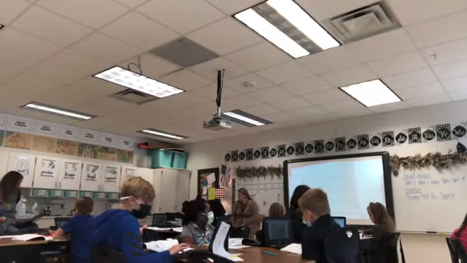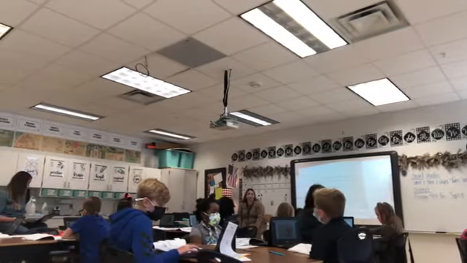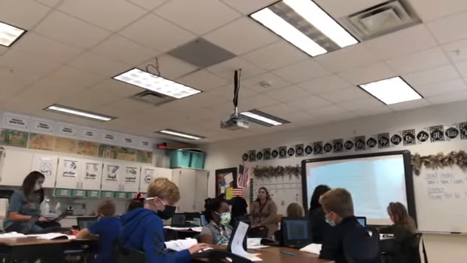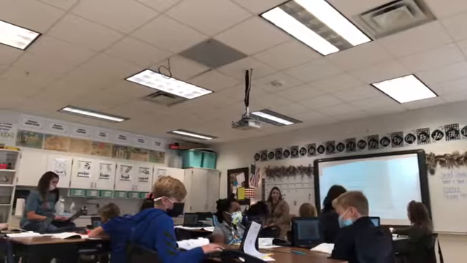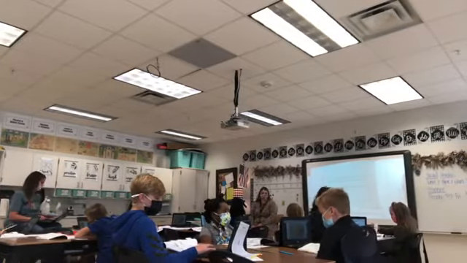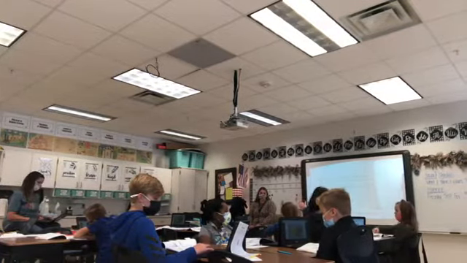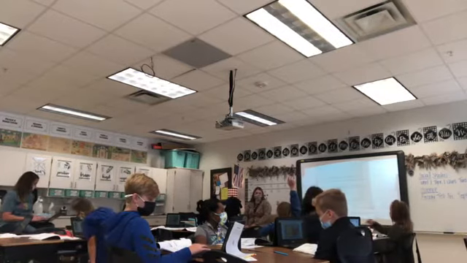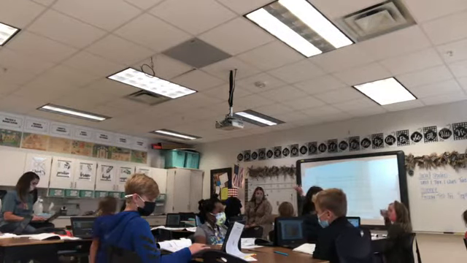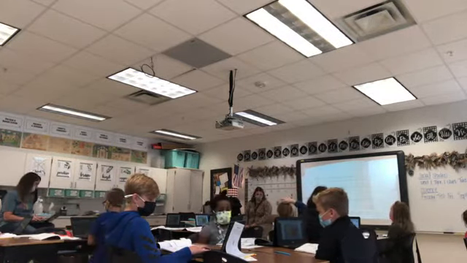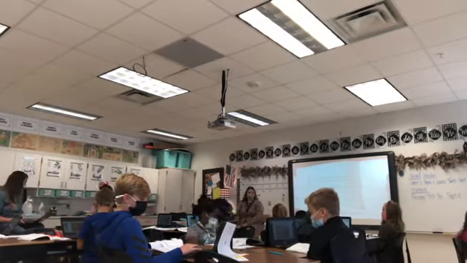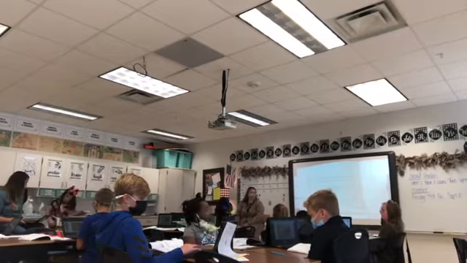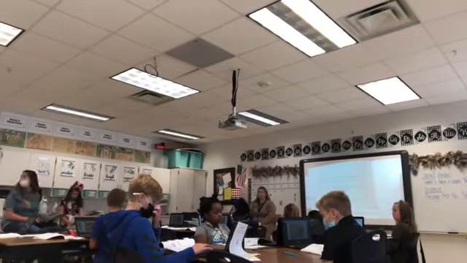So what kind of features are shown on this? Does this map show us human features or physical features? Does anyone know if this shows us physical features or human features? Colton? I think human features, because it's saying that all the humans are like where all the humans are.